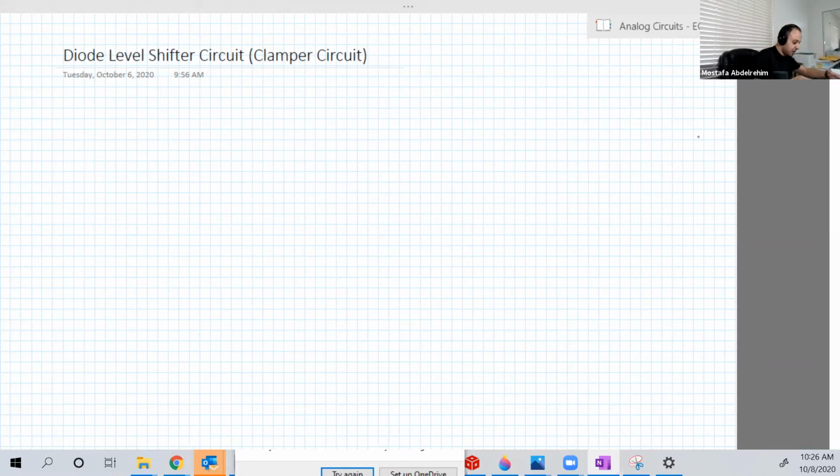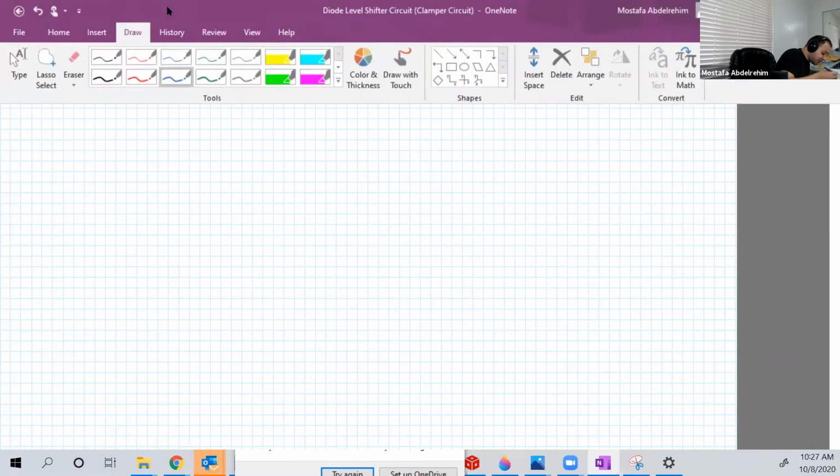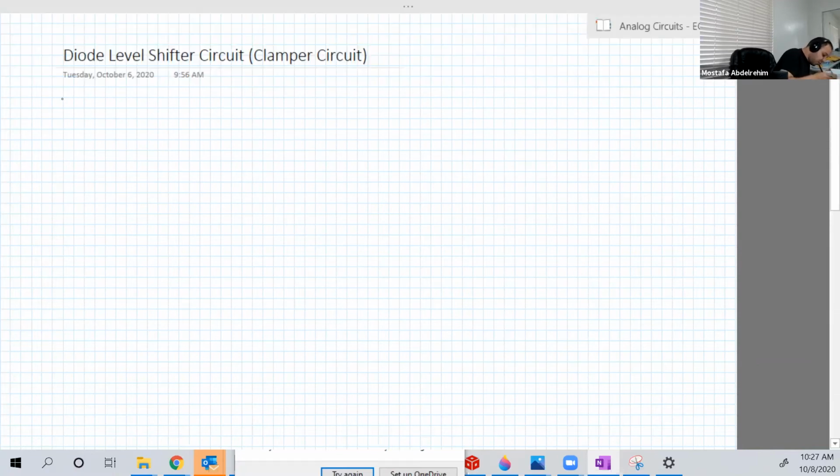Anyways, what is this level shift? As the name suggests, it will level up or down some AC. So let's go through what is required exactly, and let's see how to do that using a diode.